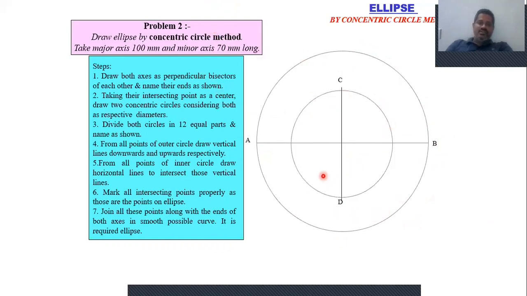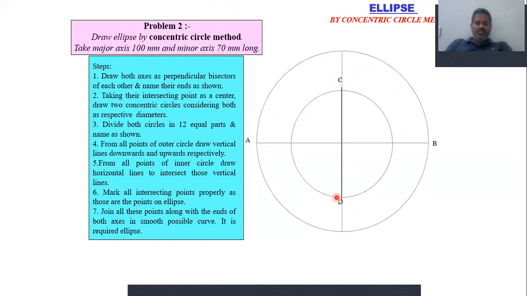That means we have drawn 2 concentric circles here. One will represent the major axis and the other will represent the minor axis of the ellipse that we are going to draw.